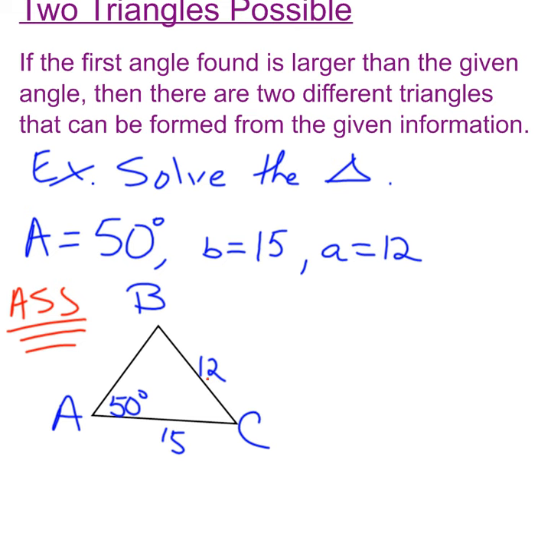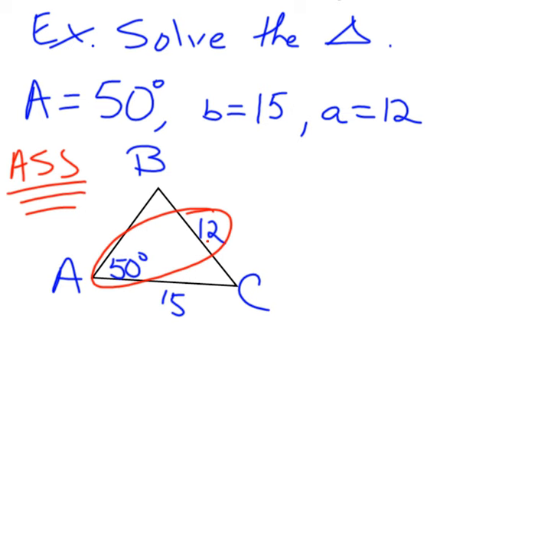To set this up, I start by writing the law of sines using the angle and his opposite side, the 50 and the 12. And the only thing that I can find first is that missing angle B. I can't find angle C or side C because neither of those pieces of information are given. So let's set up the law of sines here.